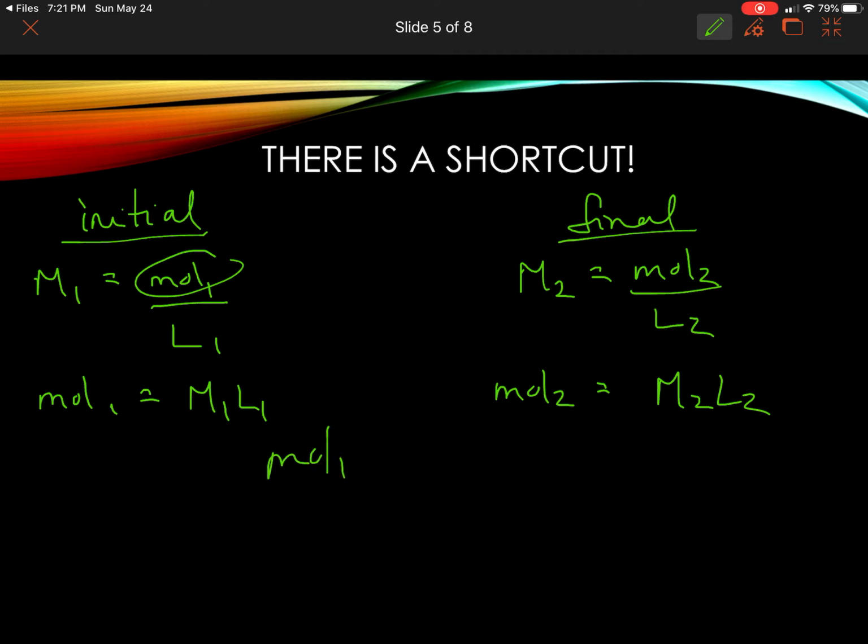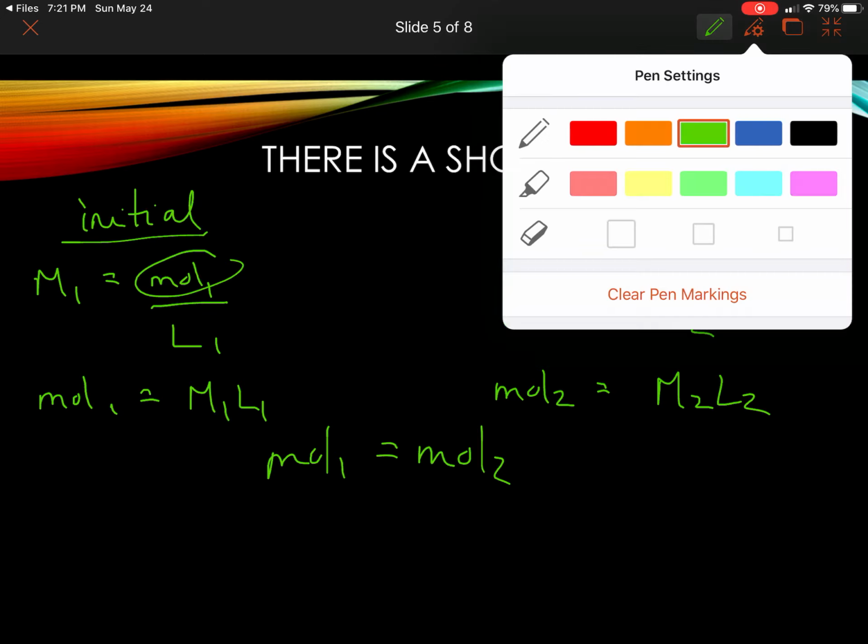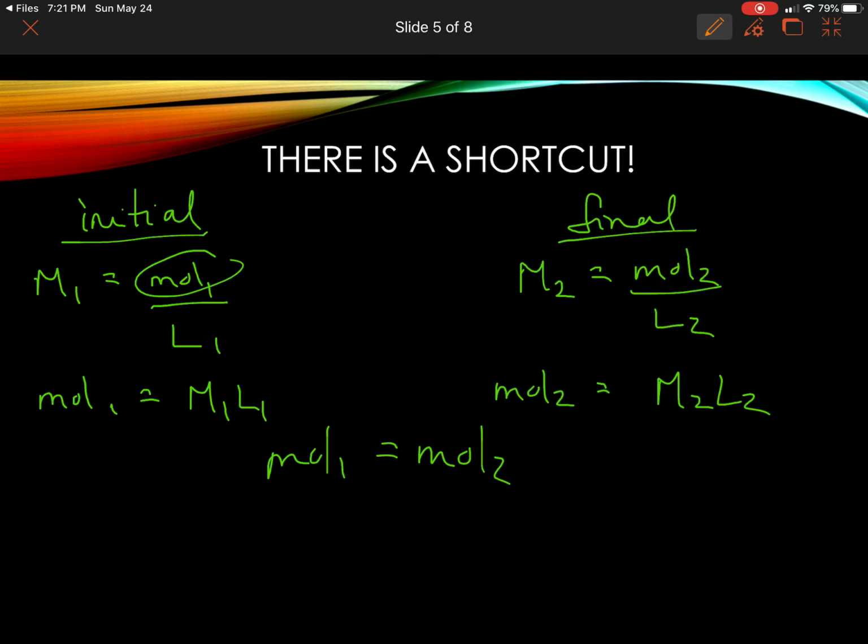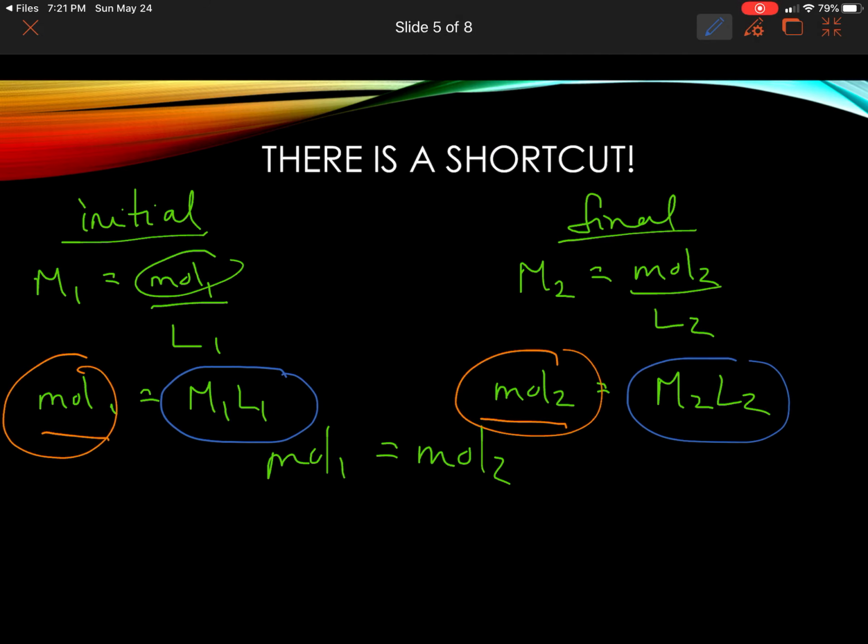So this means that we can say moles 1 is equal to moles 2. And because of that, if moles 1 is equal to M1L1 and moles 2 is equal to M2L2, and I know that moles 1 is equal to moles 2, that means that I can now say that M1L1 is equal to M2L2. So our dilution formula, this is a shortcut that you can use, is M1L1 equals M2L2.